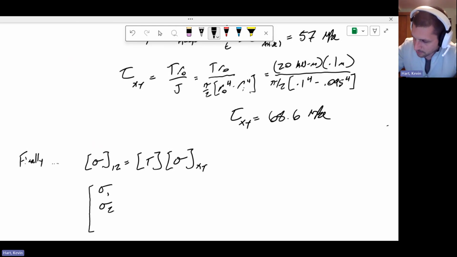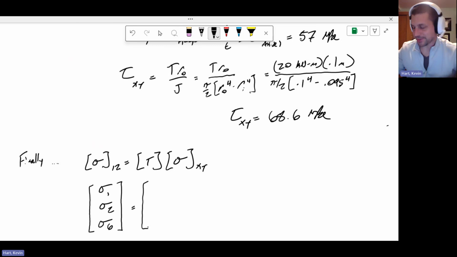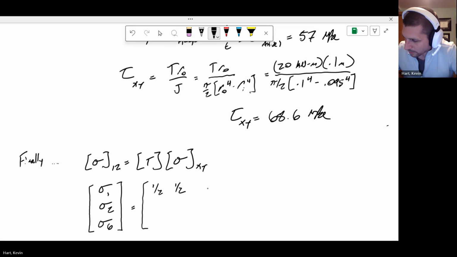Sigma 1, sigma 2, sigma 6, which is tau 1, 2. This is the transformation matrix T. Our angle of rotation is 45 degrees, so you could figure out what the transformation matrix T is using all the m squares, n squares, etc. I'll just cut to the chase and get it in here. This is 1/2, 1/2, 1, 1/2, 1/2, -1, -1/2, 1/2, and 0.